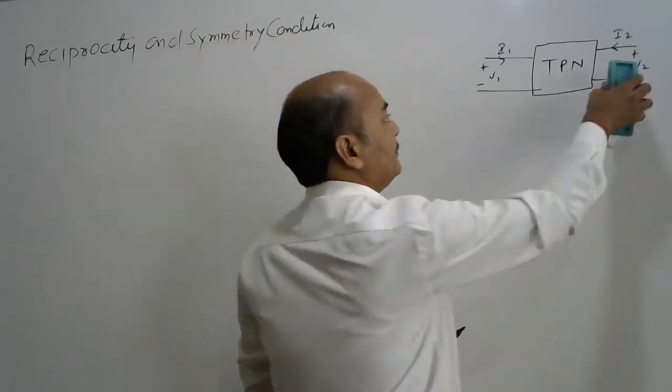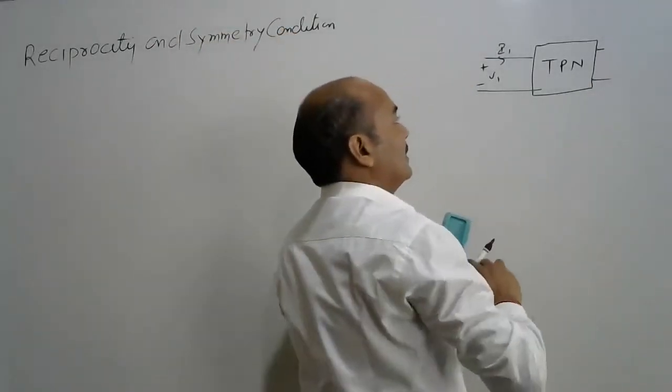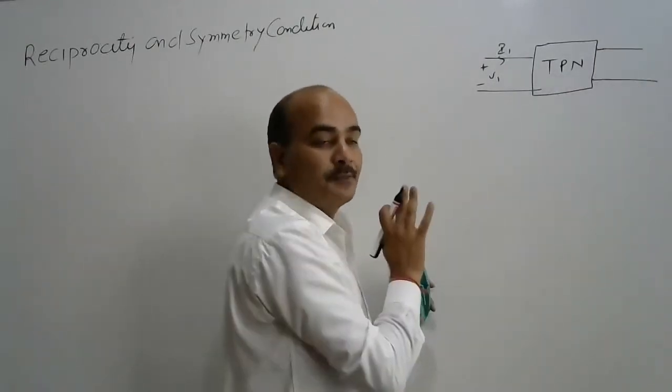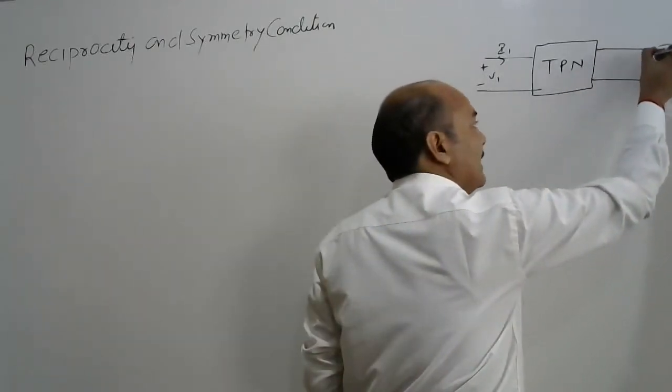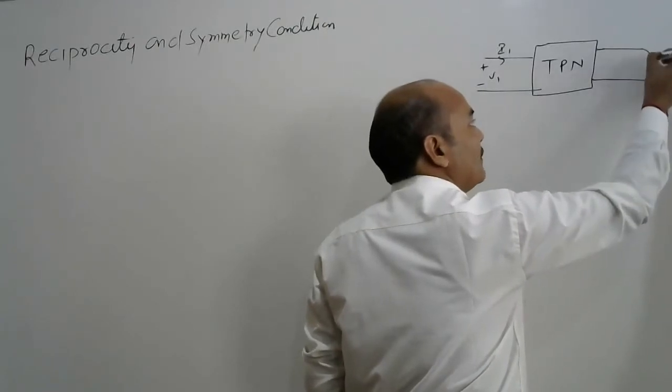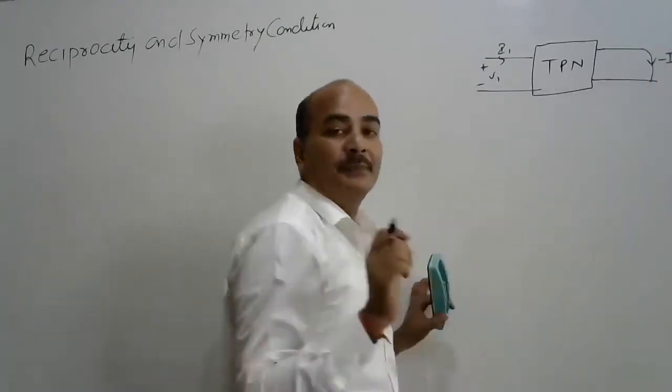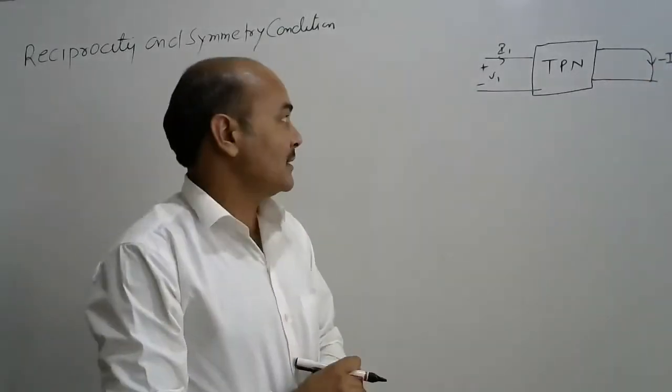So suppose the voltage at the input port is V1 and the current at the output terminal is I2. Because we have changed the direction, we represent it with a minus sign.